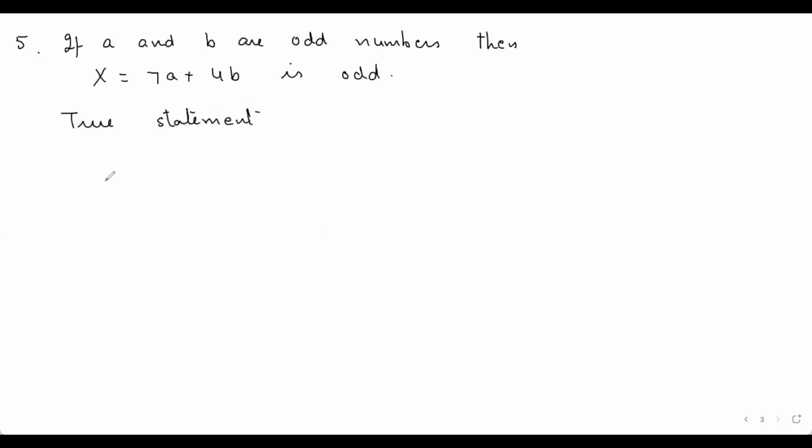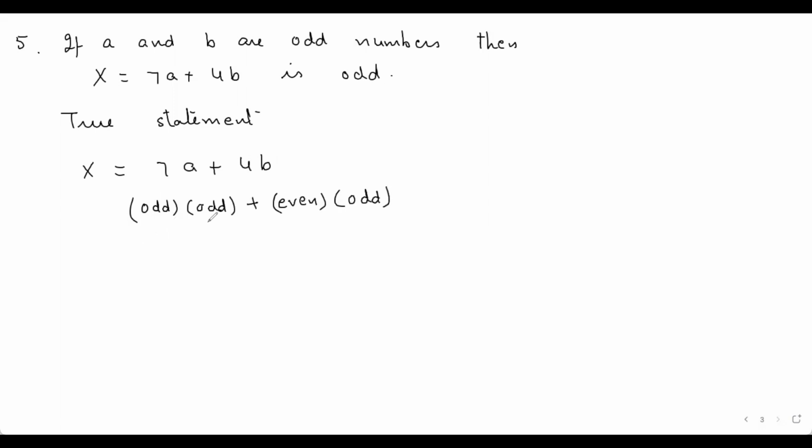Now let us check. Now 7 is odd and a is odd, whereas 4 is even and b is odd.